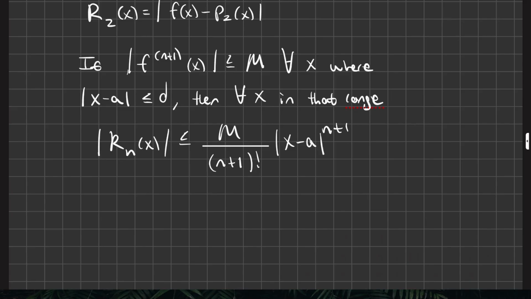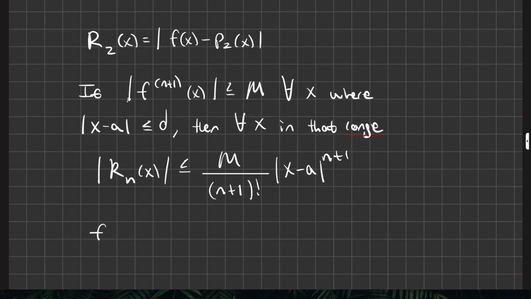So, okay, let's remember our functions. F of x is sine of x, f prime is cosine, then f double prime is negative sine, then negative cosine, and then back to sine. So we want to look at the n+1 derivative from our theorem.